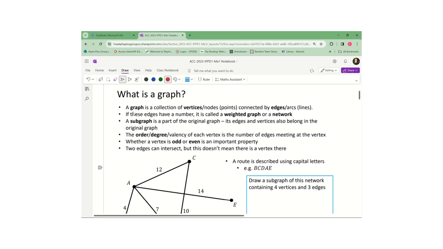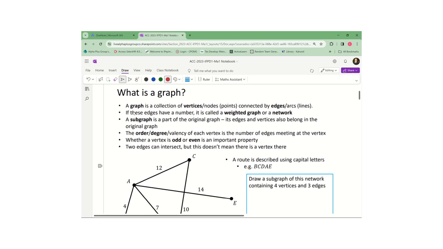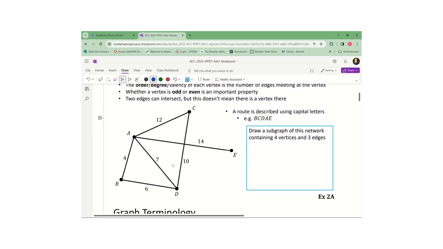what is a graph? When we're talking about graph theory in maths, a graph is a collection of vertices or nodes, points, that are connected by edges or arcs. If these edges have a number, it's called a weighted graph or a network. Now, if you think about the example I gave with Google Maps, different pieces of road will have different distances attached to them.